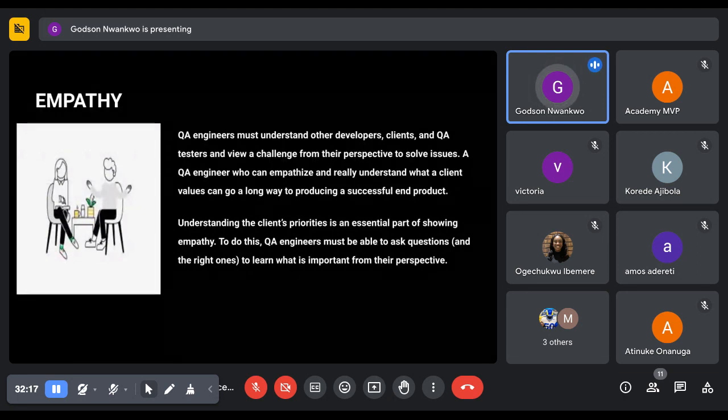So with these few things that I just said, it will help you to know, yes, this person is a QA engineer, and to say this person is a good QA engineer.